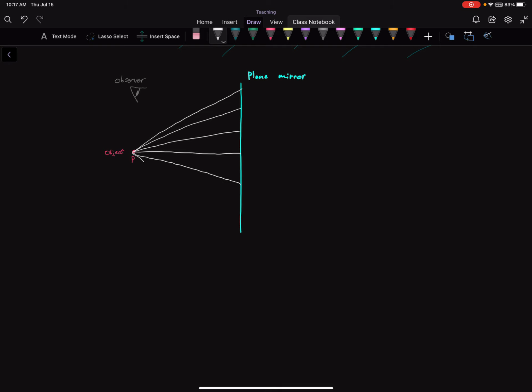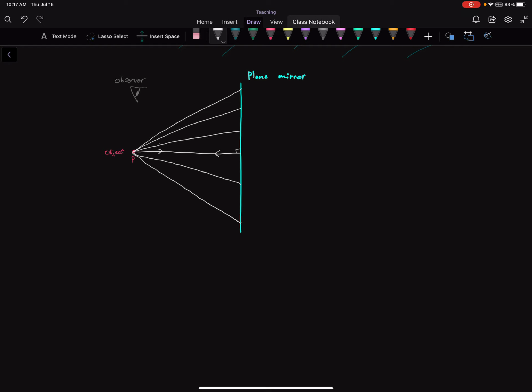So light is radiating in all directions, and we can draw every single ray if we wanted to be here forever, but we'll just draw a few and then consider what's happening. So if this is hitting exactly in line, normal to the plane mirror, then it reflects right back at the object, right?